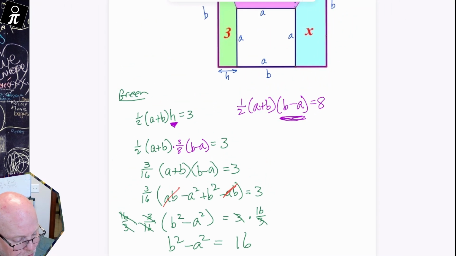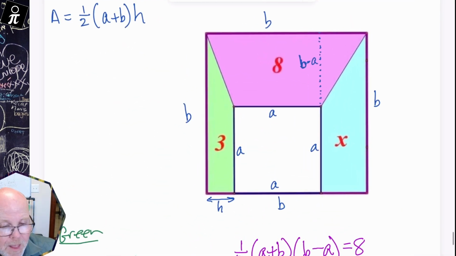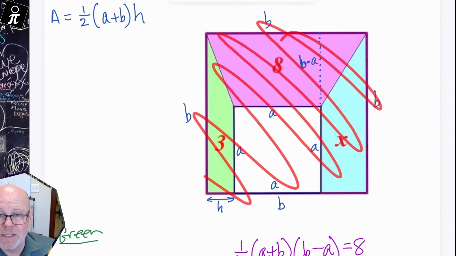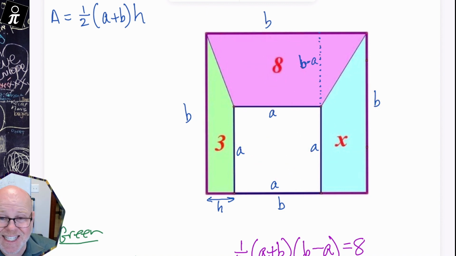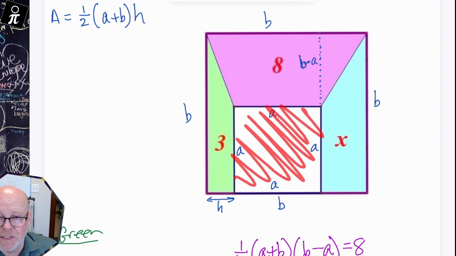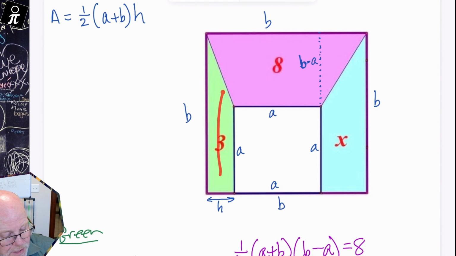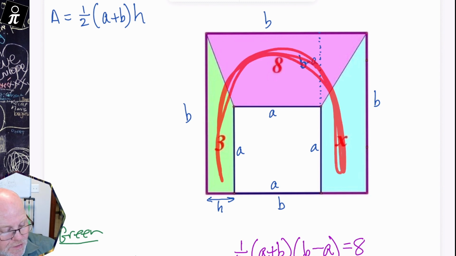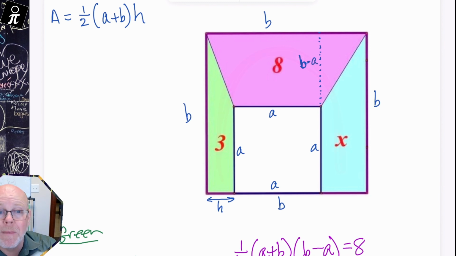I can zoom back up here and see that the entire shape is B squared, and this little piece is A squared. So B squared minus A squared gives me the remaining three trapezoids. Oh, that's so cool.